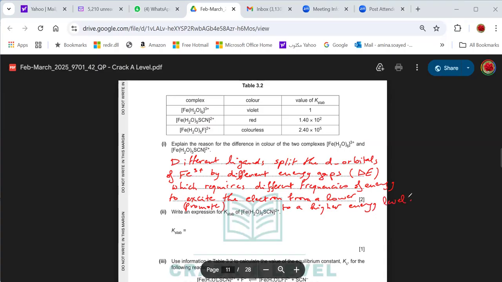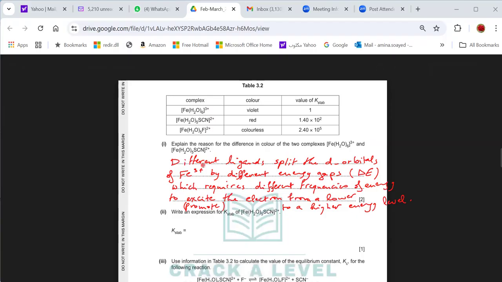And of course, we know that we see the complementary color. So this means that different ligands will split the d orbitals by different energy gaps, which requires different frequencies of energy to excite the electron from a lower energy level to a higher energy one. And so, of course, different complementary colors are seen.